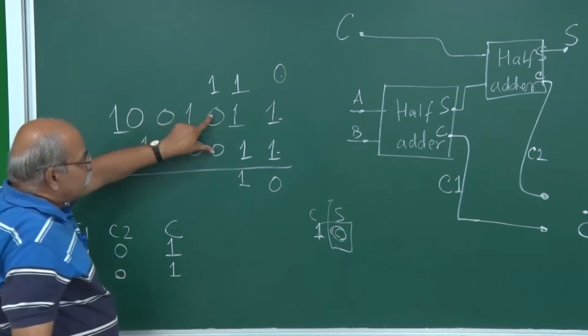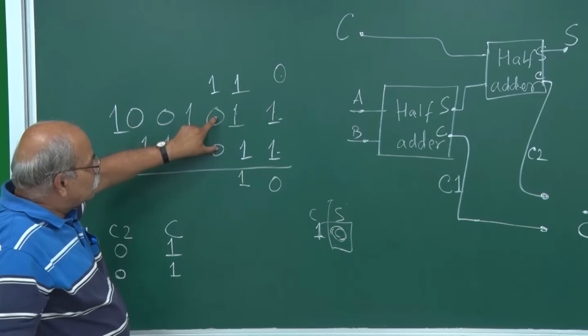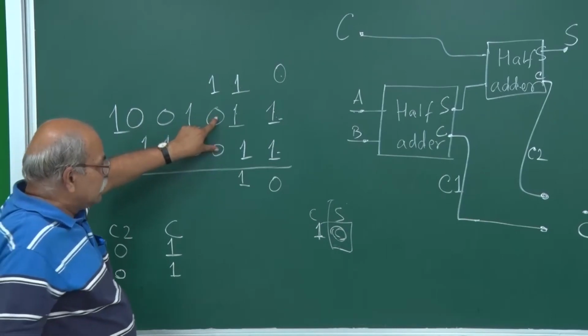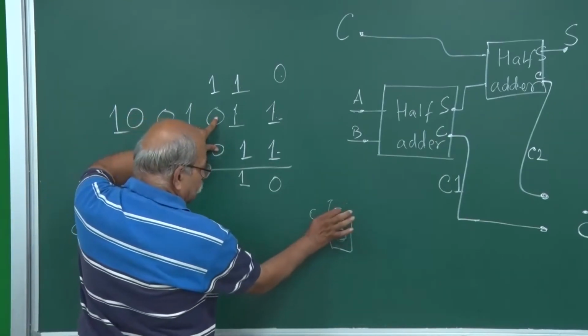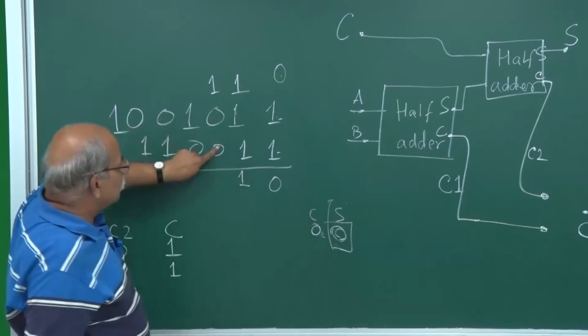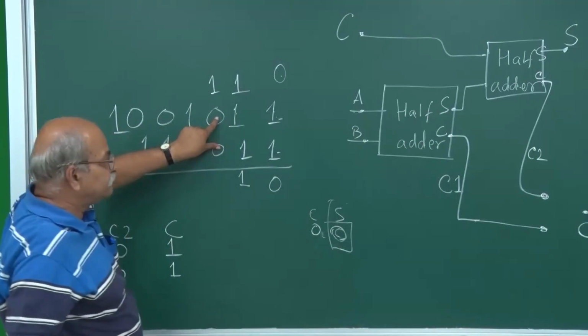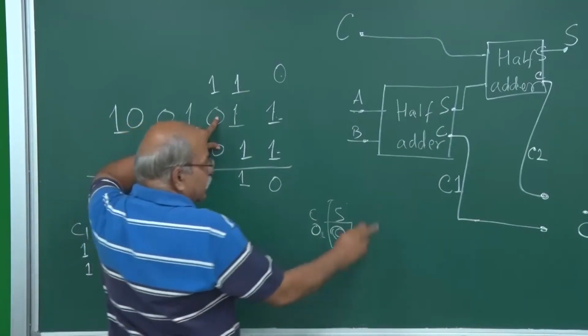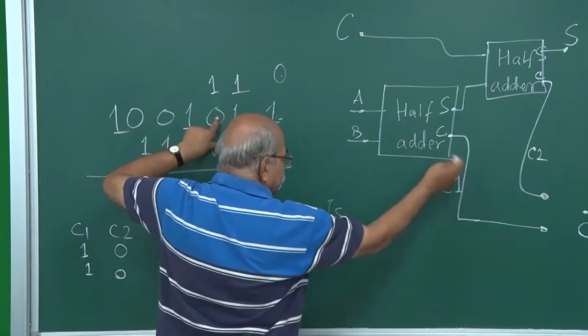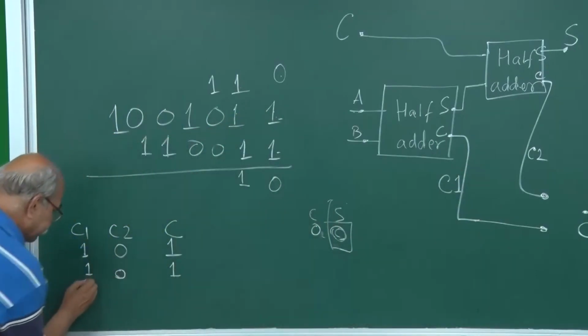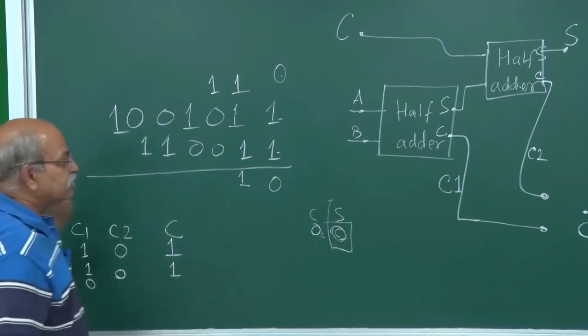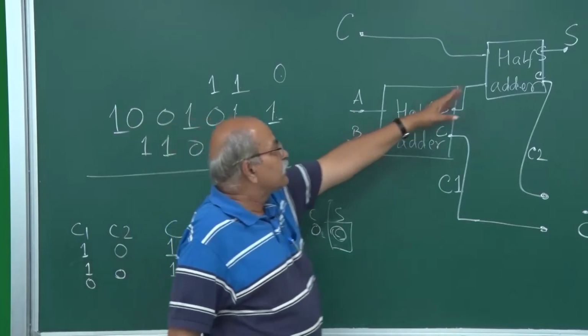Now look at this. 0 and 0, this is A, this is B. The sum is 0 and the carry is also 0. So C1 is 0. And then come here.